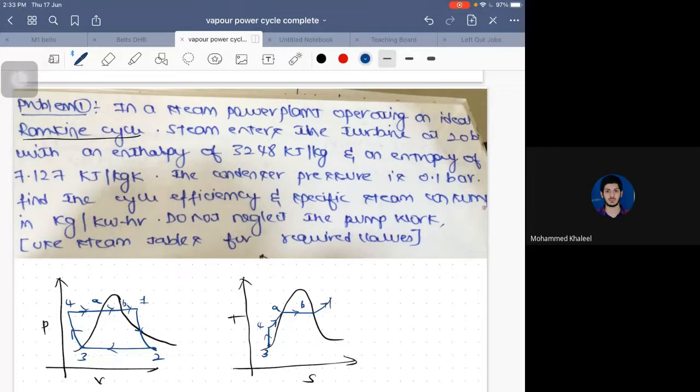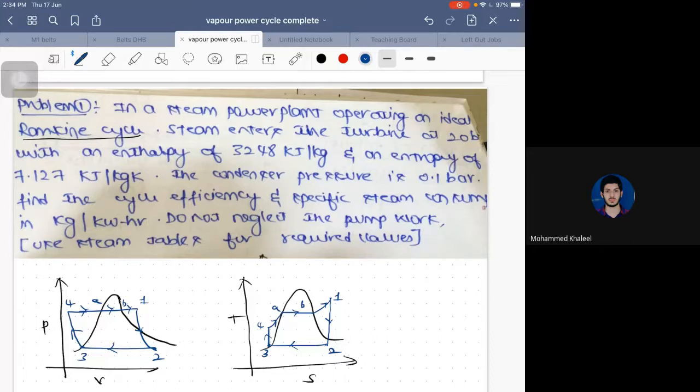Now 1 to 2, you are expanding isentropically like this. Next 2 to 3, you are releasing your heat and condensing using a condenser. So this is what happens.